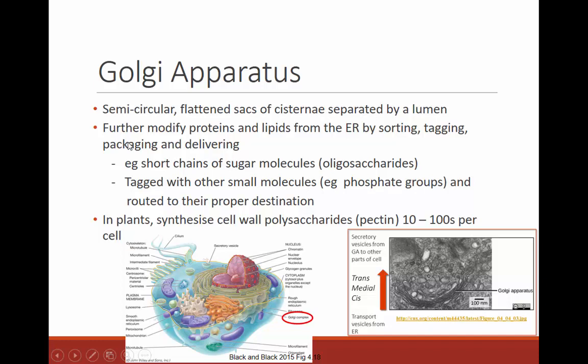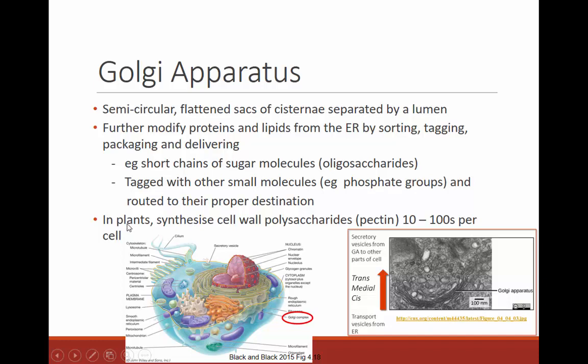Once those polypeptides have been made, the Golgi can modify those polypeptides or proteins and lipids from the endoplasmic reticulum by sorting them, tagging them, directing where they're to go in the cell as well. With the tagging, they can actually put a phosphate group or some other sort of group on them, so that kind of directs them to where they're going.